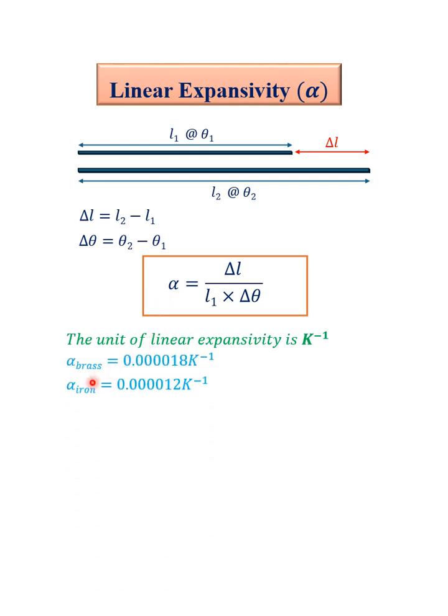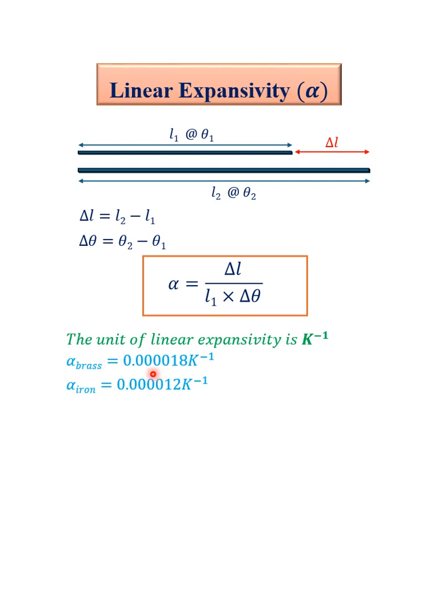And these are the values. The linear expansivity of brass is given as 0.000018 per K, while that of iron is given as 0.000012 per K. And this simply tells us that brass being 18 and iron being 12, brass expands more than iron, and they are constant values.